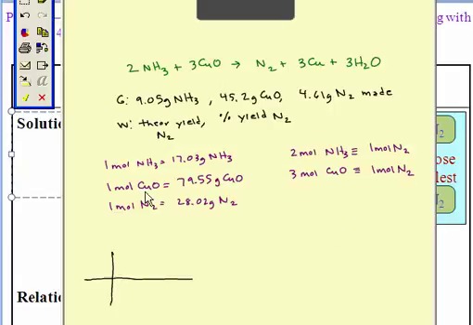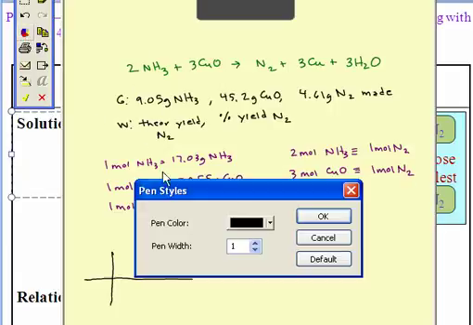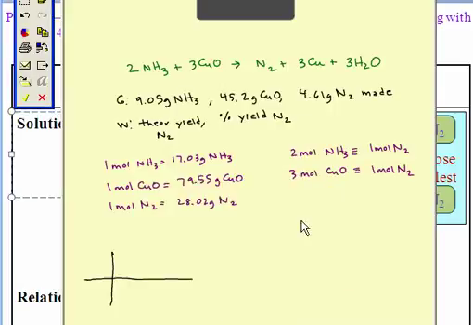So I'm going to start out with my ammonia. Okay, I am given 9.05 grams of ammonia. So I've got to get from grams to moles. So I take my molar mass, and then once I'm at moles of ammonia, now I can get to moles of nitrogen.